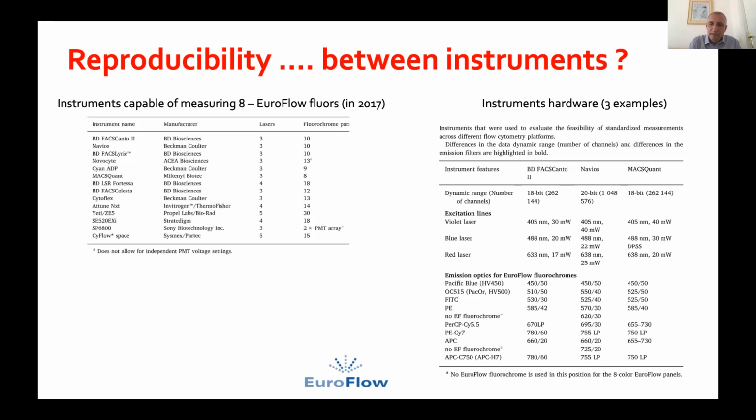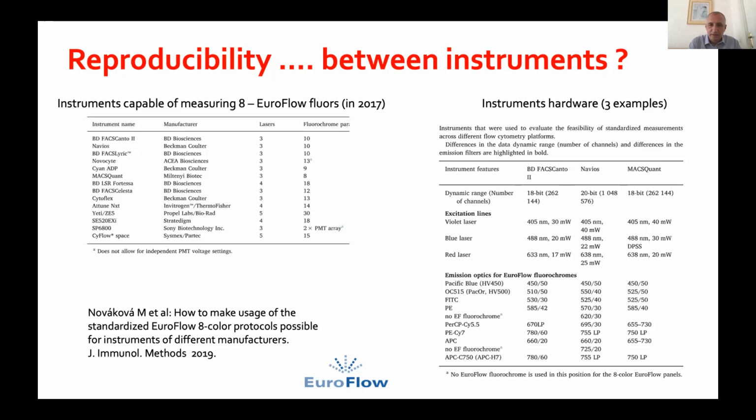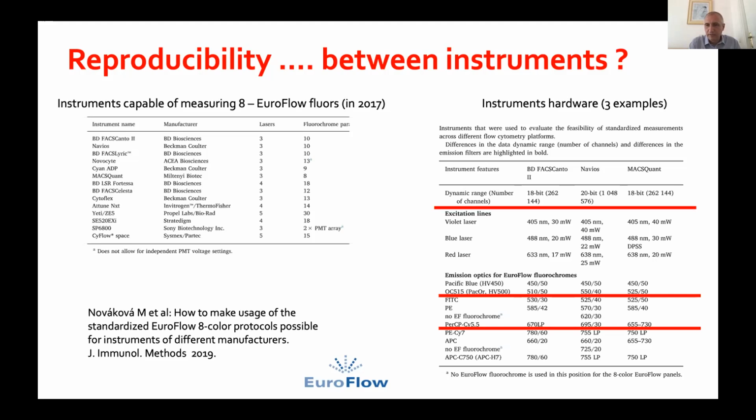However, there will be some differences. So one difference is relatively easy. This is a difference that comes from the range that will be different on different machines. They use either 18-bit or 20-bit or now even more resolution. So the numbers will be different and will need to be rescaled if you want to compare the samples together bioinformatically or in the same software.